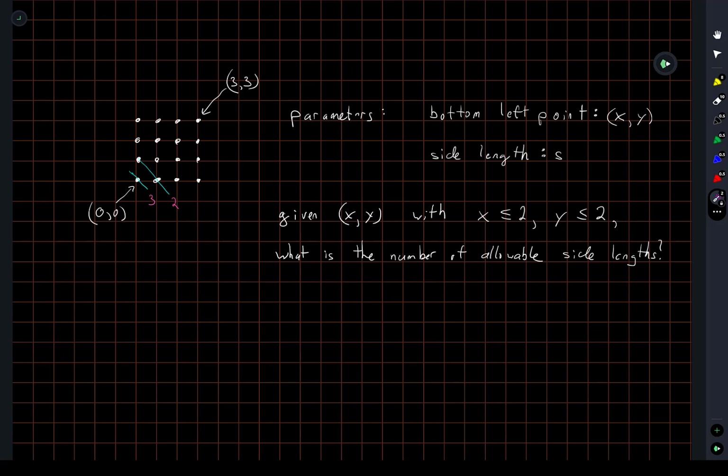I mean, we could just count it in a diagram like this, but if we want to extend this to a general number of dots, or up to 10 possible dots, I don't really want to count. It would be nice if we had a formula that we could just sum over or something like that.